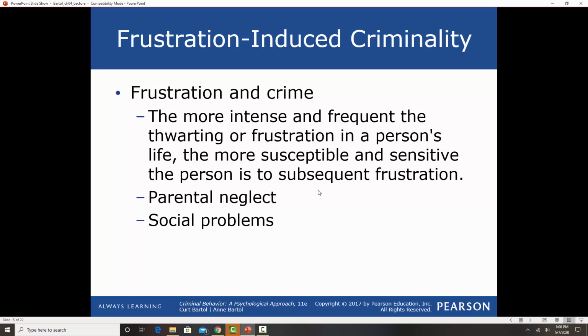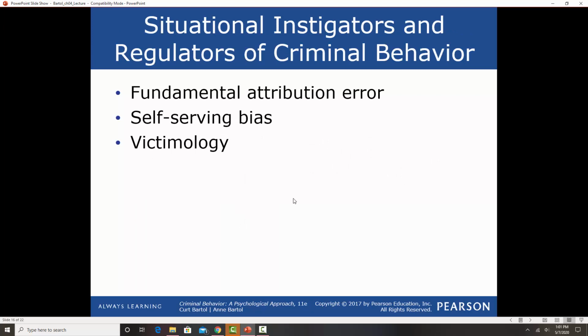His work and other studies have shown that delinquent children have had considerably more deprivation and frustration than non-delinquent children in their childhood. Berkowitz also suggests that parental neglect and failure to meet a child's needs creates mistrust and frustration, and that can, of course, continue on. And again, it can cause people to have maybe a shorter fuse, and so they're more likely to erupt with frustration.